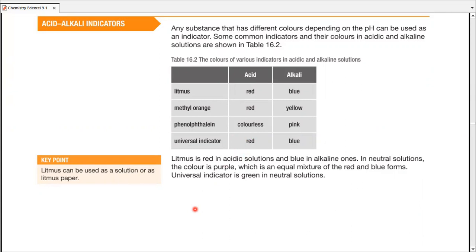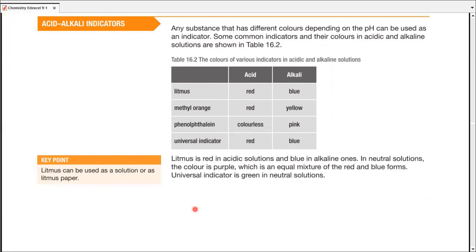These are plants that can show different colors based upon the different kinds of soils they are in. If they are in acidic soil, they show a different colored flower. If they are in alkaline soil, they show a different colored flower. And finally, the third color is shown when they're neutral. So we came up with the idea that if flowers can show different colors under different pH ranges, so can chemicals, and we call them indicators.